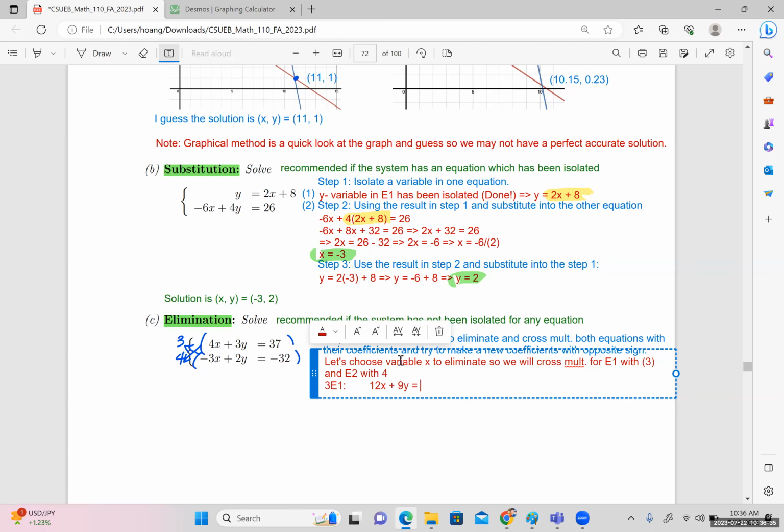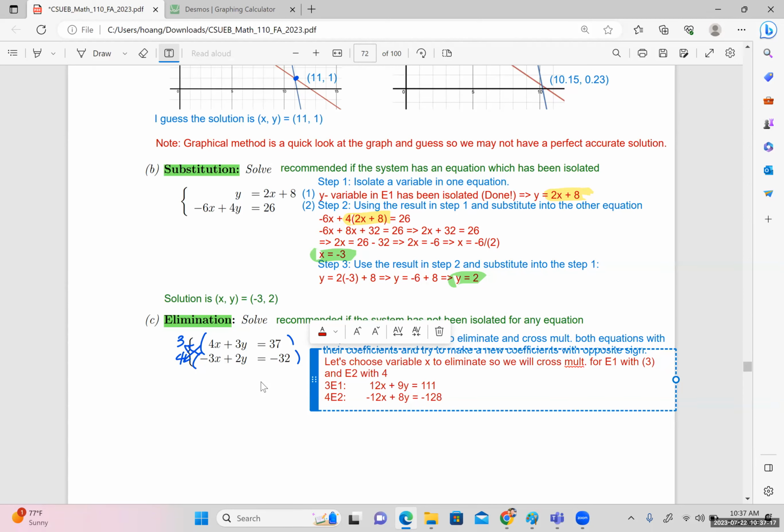Check using calculator, 3 times 37, 111, right? And for 4 times equation number 2, I will have negative 12x, so 4 times negative 3x, right? And then plus 4 times 2 is 8y equal to negative 128.